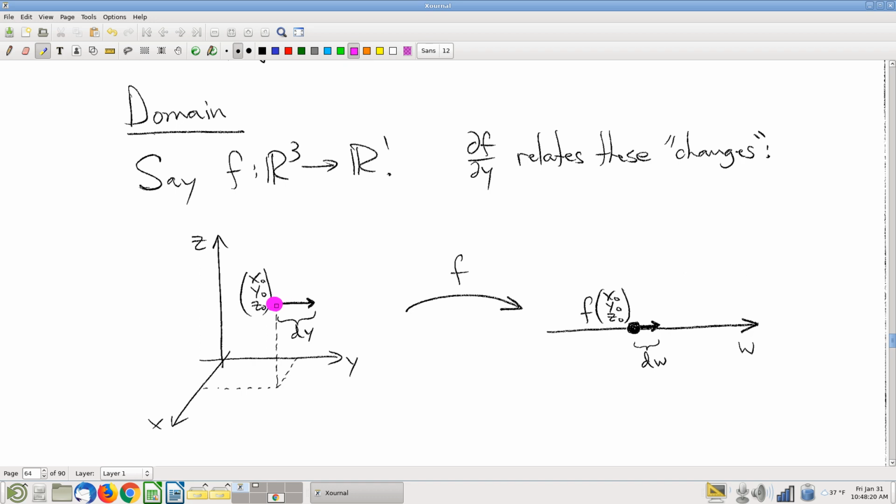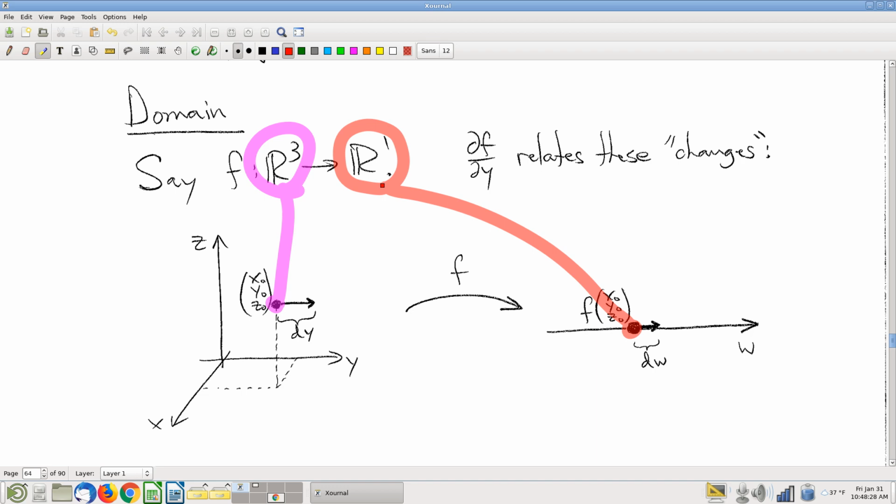So let's suppose we're at some point in the domain that lands at a certain point in the target. We're going to draw that point in the target that comes from this point in the domain. And what would it mean to say that we're going to hold all the variables constant except for y? In this context, it means that from that point, we are going to move in the y direction only.